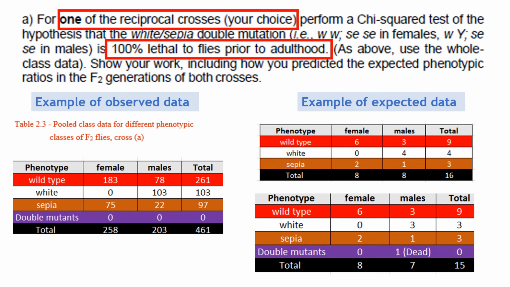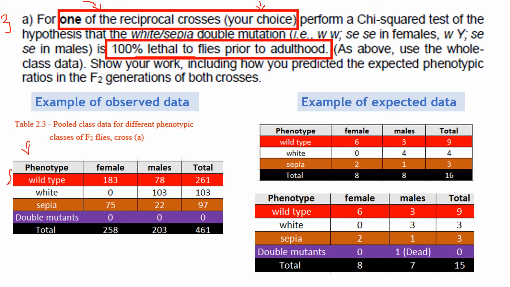Okay, so let's continue. Let me show you the example. Now this is 3A. In 3A, you have to choose one reciprocal cross, the A or B cross that you want, and you have to use the chi-square to test the hypothesis that 100% of the double mutants died before adulthood. So your observed data will look like this.